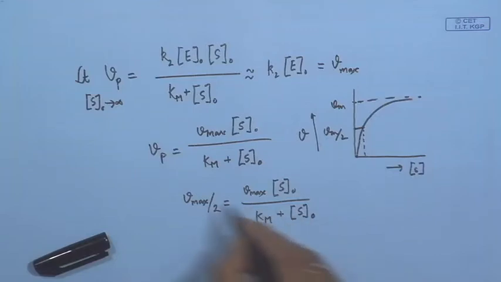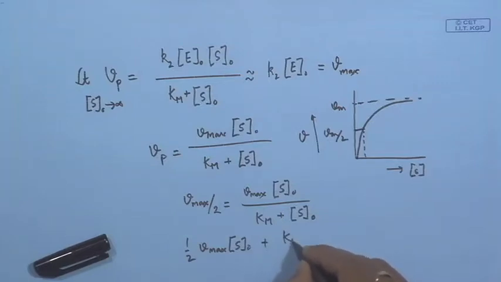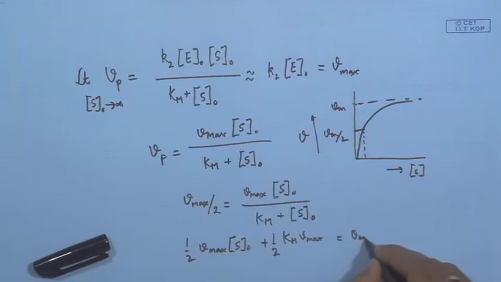Okay. So, you just transpose it, that means V max S0 into half plus V max Km into half is equal to V max S0. Okay.